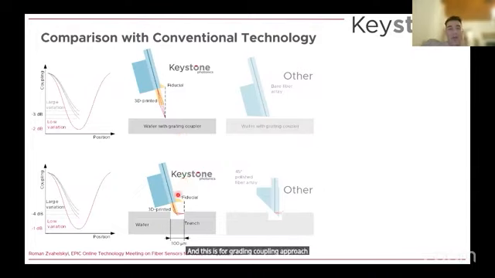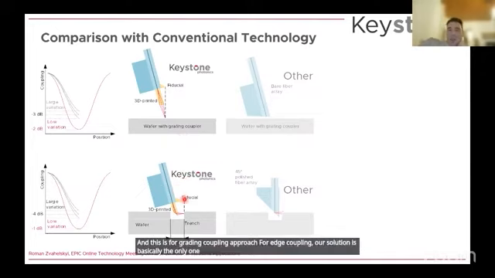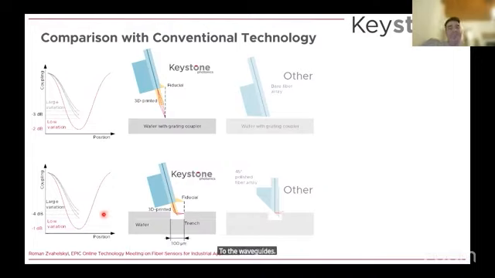For edge coupling, our solution is basically the only one, because the only possible alternative is using a 45-degree polished fiber array. Here you need to move the fiber array as close as possible to your edge, to the waveguides.